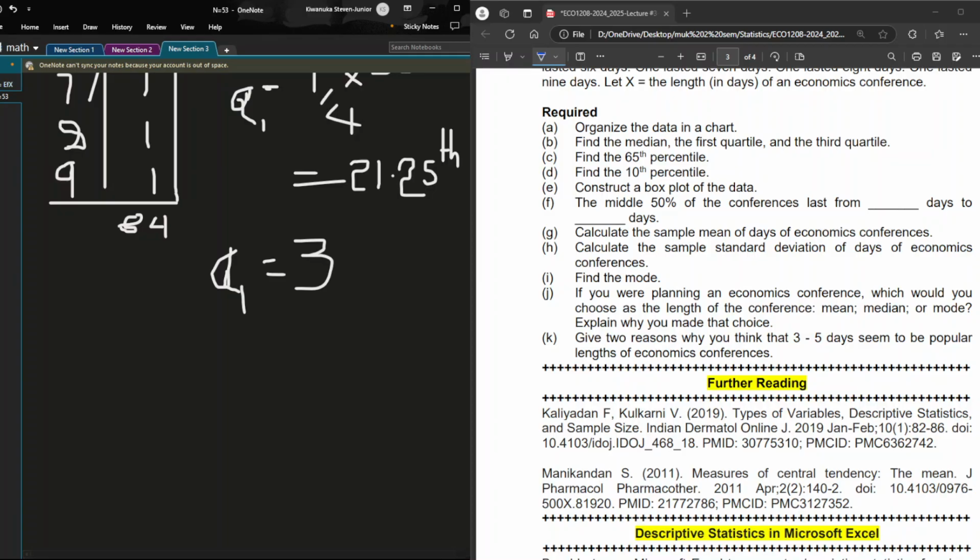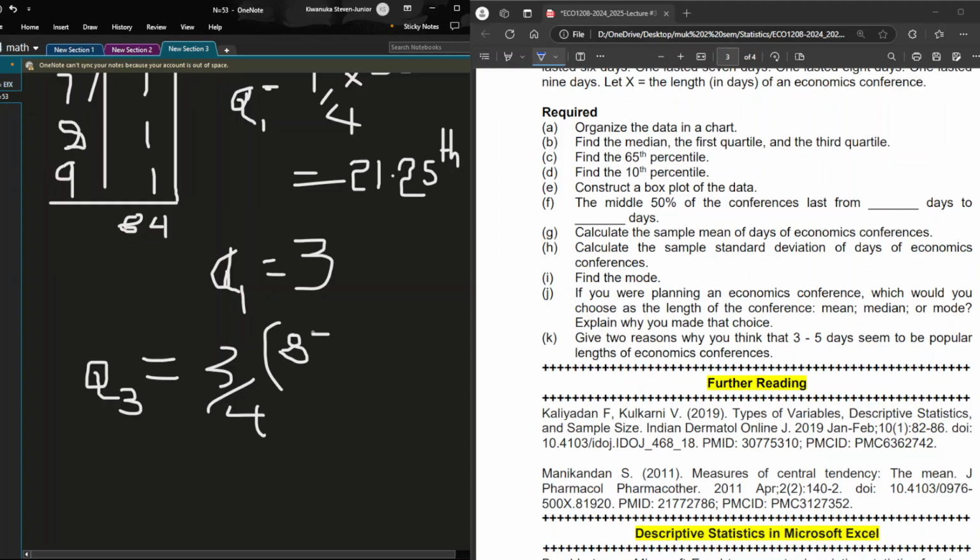Then the third quartile, the formula still changes given the fact that it is ungrouped data. It becomes 3 over 4 into n plus 1. What is our n plus 1? N is 84 plus 1, 85.